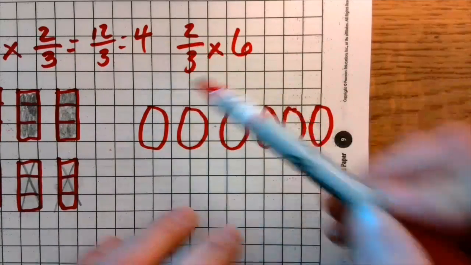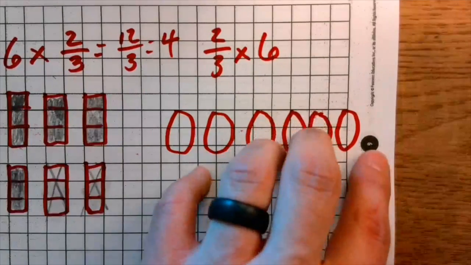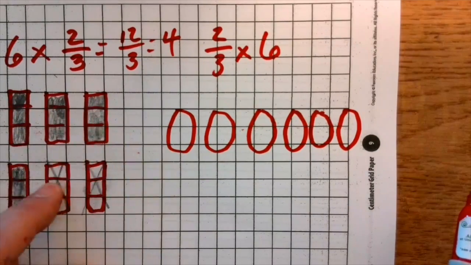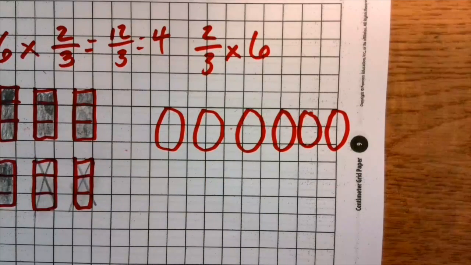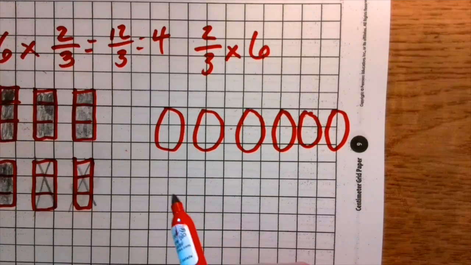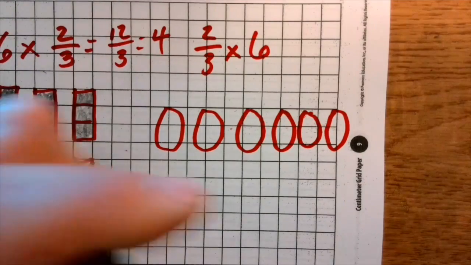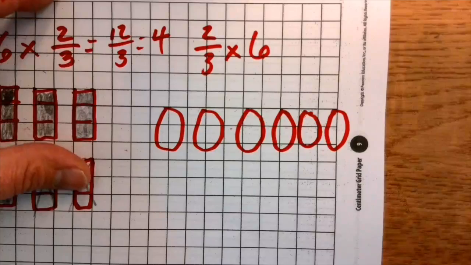Now, already, this modeling and this modeling look different because these are my 6 whole objects broken into thirds already. And over here, I told the kids, would it make sense to break the eggs into thirds? And if you have a raw egg, you're not going to be able to break it into thirds. So I told them, guys, let's see if we can put it into 3 equal groups. Let's see if we can make them into thirds.